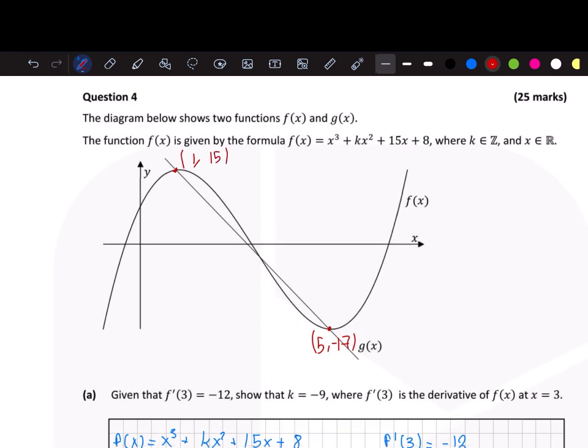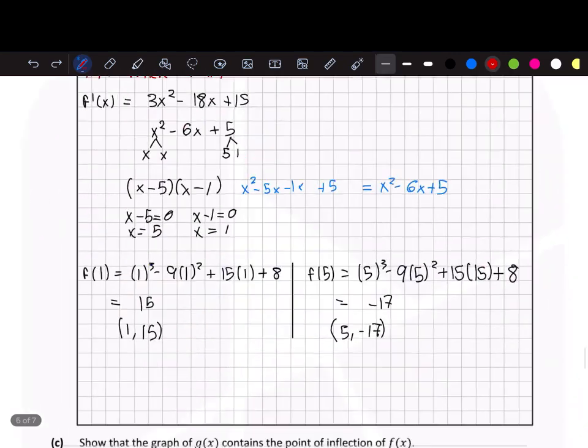So now I need to use my slope formula to get the slope of this line. And then when I find the slope, I can just substitute everything back into the equation of a line formula.